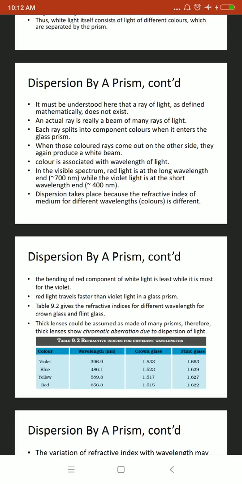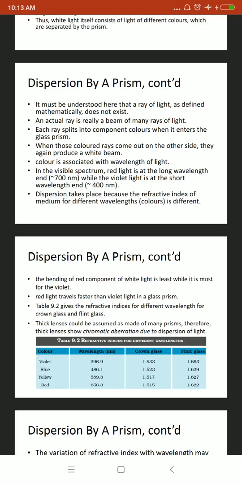For yellow color, the wavelength is 589.3 nanometer. The refractive index in crown glass is 1.517, and in flint glass that is 1.629. For the red color, the wavelength is 656.3 nanometer. Crown glass has a refractive index of 1.515, and in flint glass that is 1.622.